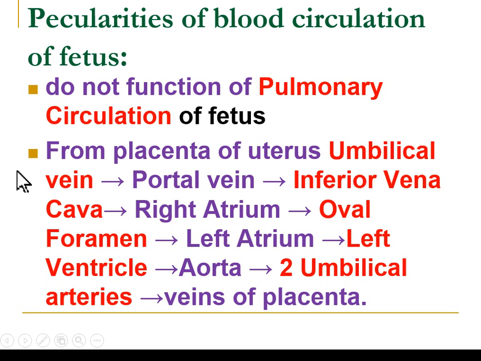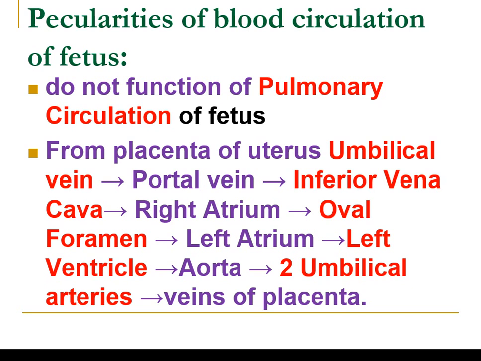Write, please: peculiarities of the blood circulation of the fetus. It is one of the questions of our lecture. We know the pulmonary and systemic circulation in the human body of the adult. In the fetus, the pulmonary circulation does not function.